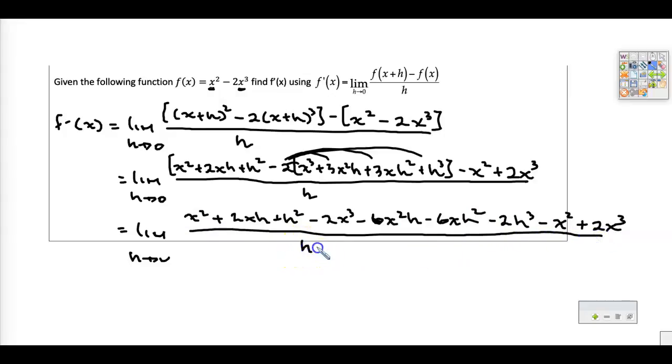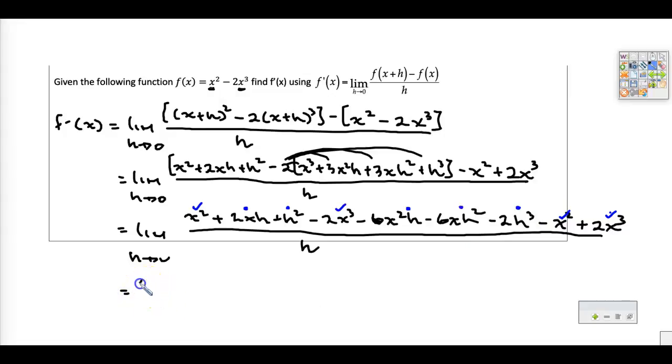All over h. And so what you notice is that this 2x to the cube and this 2x to the cube, they cancel. And I also notice that this x squared and this x squared, they're going to cancel. And also what I notice here is that I have a factor of h in every remaining term. So I'm going to go ahead and factor out an h.